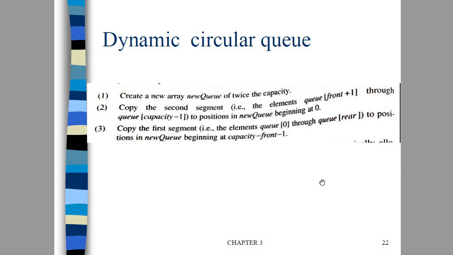Then at any point of time, if the queue overflows and becomes completely full, we'll double the size of the queue and copy the elements accordingly. We'll create a new queue, then whatever is in the second segment we will copy to the front of the queue, and both the first segment and second segment we have to copy to the new queue.